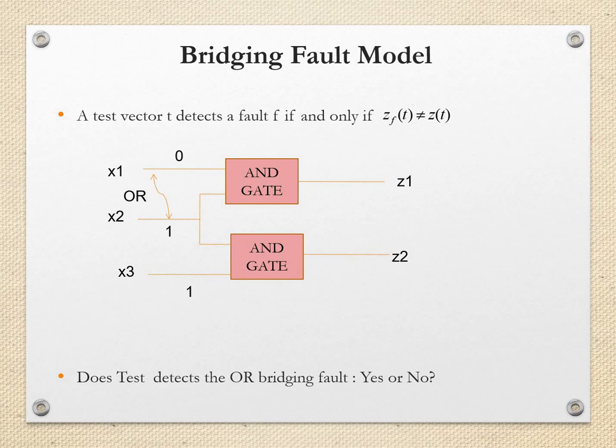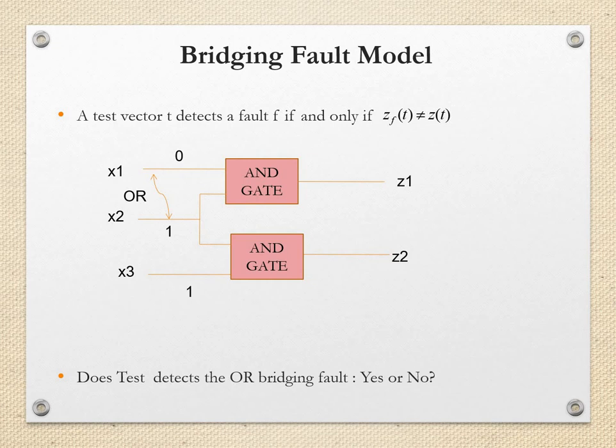A test vector T detects a fault F if and only if the faulty value of Zt is not equal to the normal value of Zt. That indicates the set of inputs should be such that the output with fault and without fault should be different.